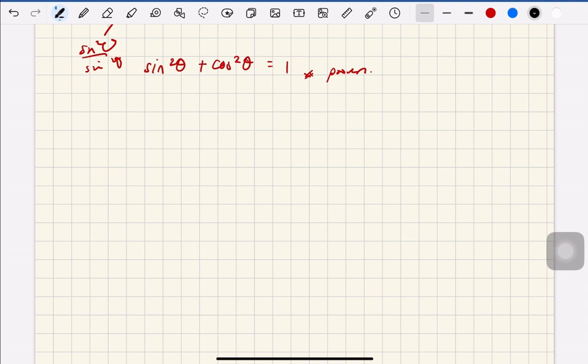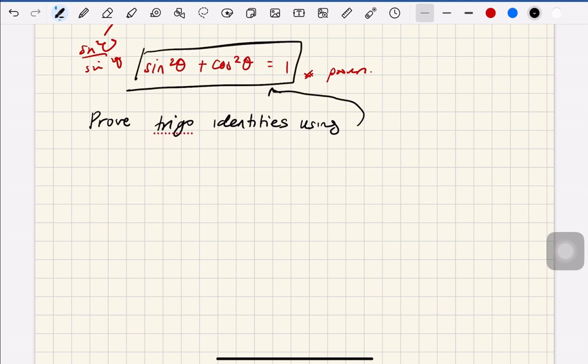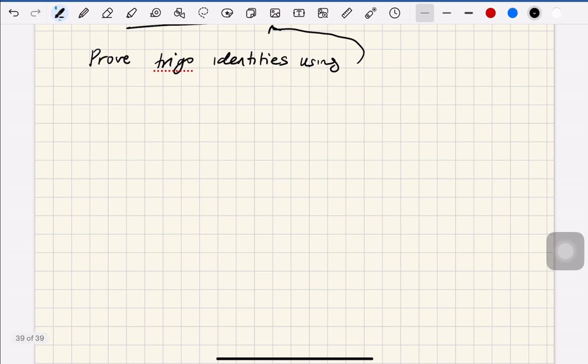Okay, let's look at our first question. We have secant x cosecant x minus tangent x equals to cotangent x.